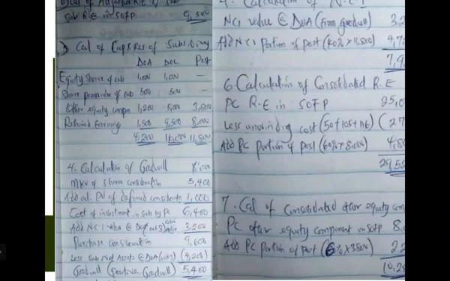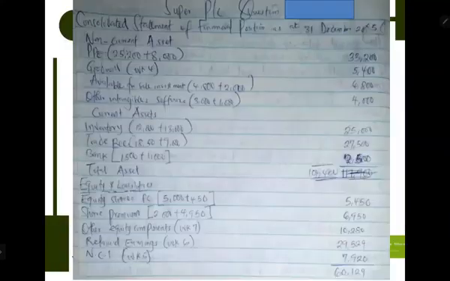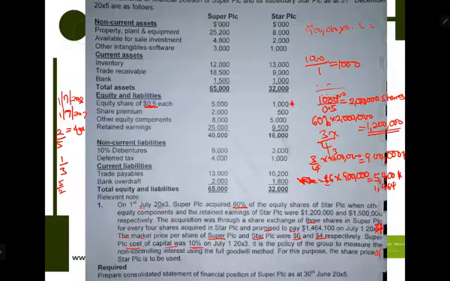So your working note 2 is adjusted retained earnings. You see subsidiary's retained earnings in the SOFP. Just come to your SOFP. This is parent, this is subsidiary.